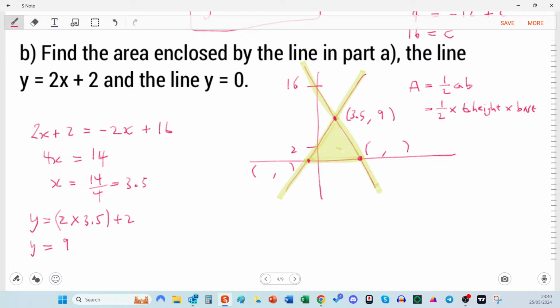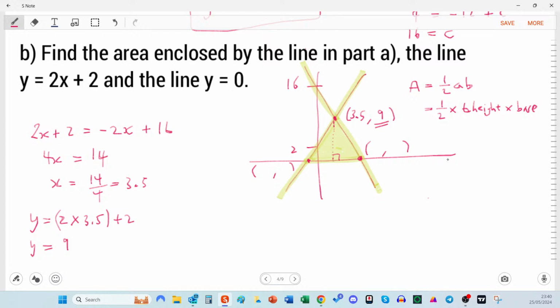We've already got the perpendicular height. That's the height here. We already know that that's 9. What we don't have is the base. It's probably not a fancy way of doing this, but if we find the x-coordinate of these two, we could find that distance. That's what I'm going for.